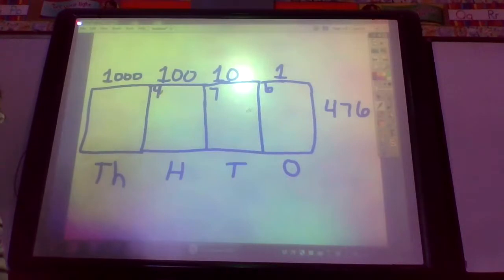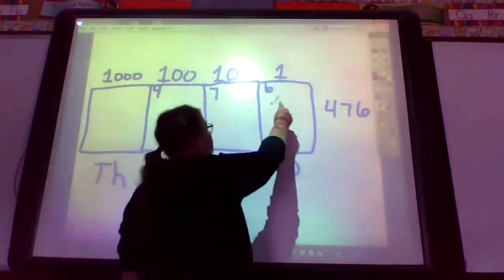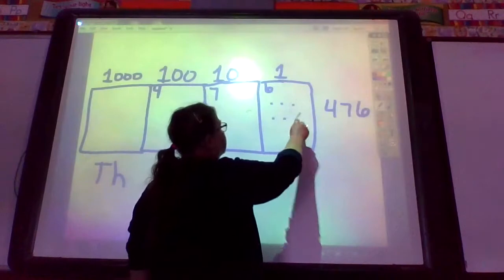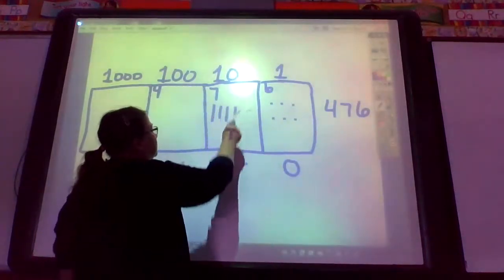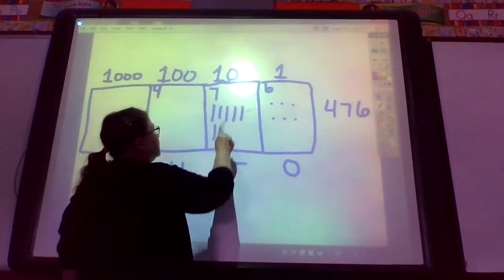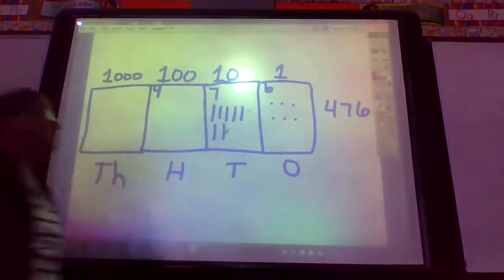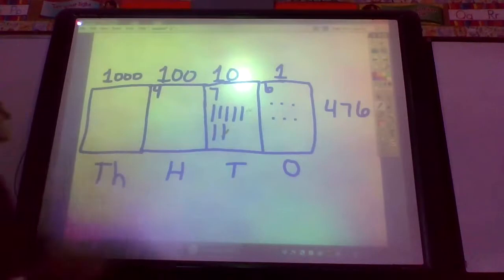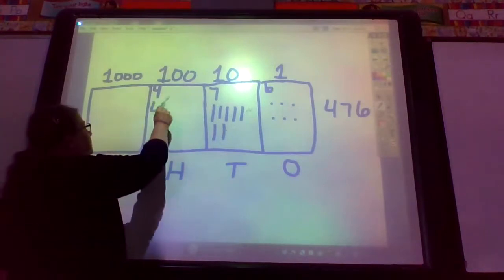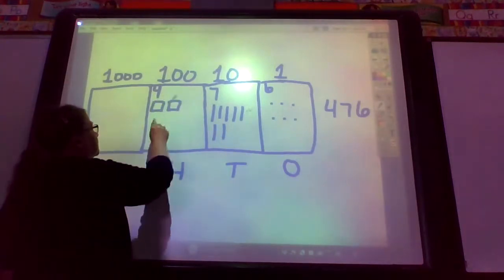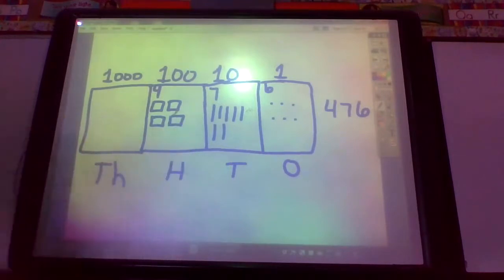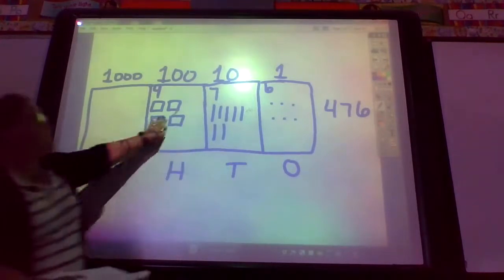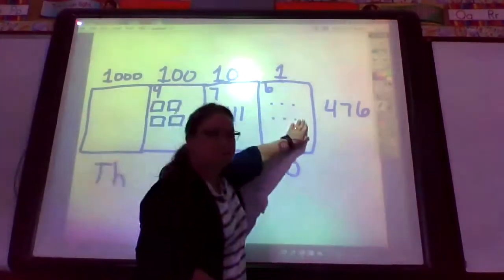I can quick draw. 1, 2, 3, 4, 5, 6. 10, 20, 30, 40, 50, 60, 70, because that would be 7 tens. 100, 200, 300, 400. 476.